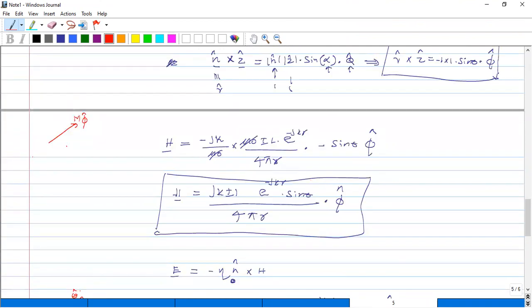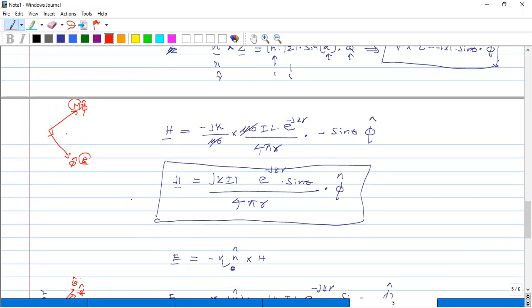So theta hat is in this direction. This is theta hat, so this is the E field. So you can see that the magnetic field and the E field are perpendicular to each other. You already know that for an electromagnetic wave, the magnetic field and E field are perpendicular to each other.